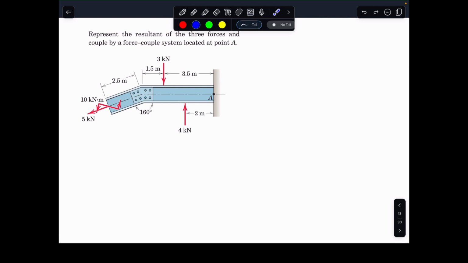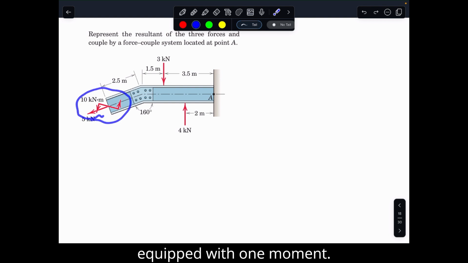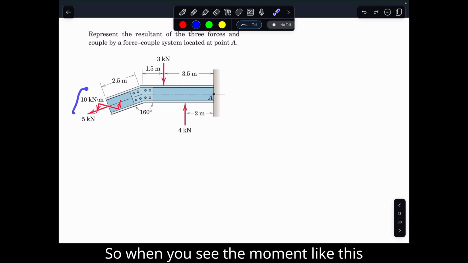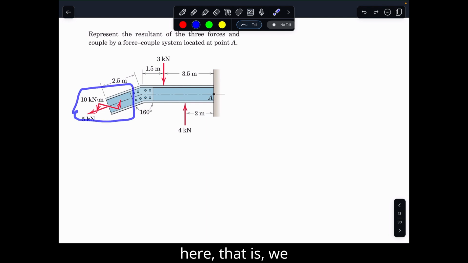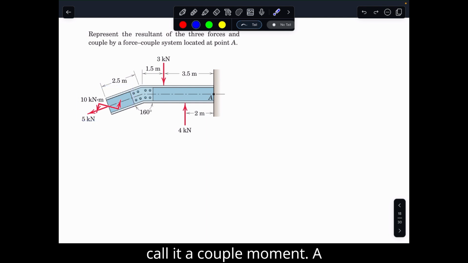We notice that aside from the forces, we are equipped with one moment. When you see a moment like this here, we call it a couple moment.